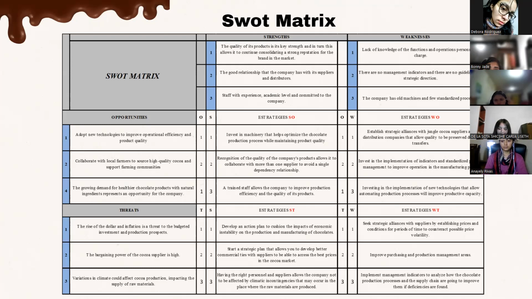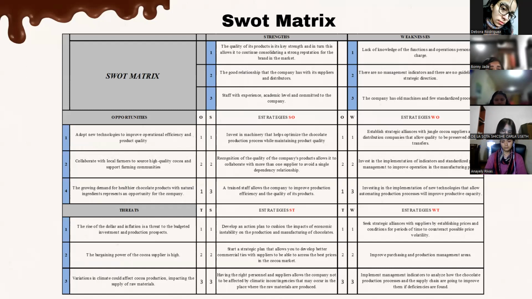In opportunities, we found that this company can adopt new technologies to improve operational efficiency and product quality, collaborate with local farmers to source high quality cocoa and support farming communities, and the growing demand for healthy chocolate products can be a good opportunity too.